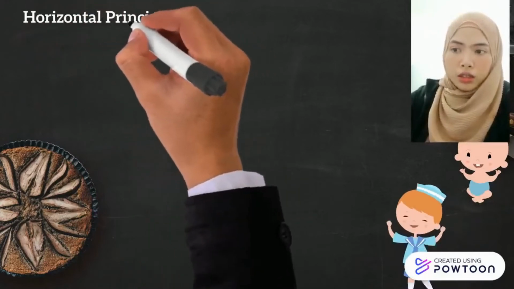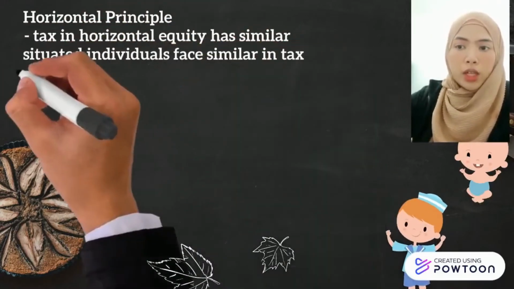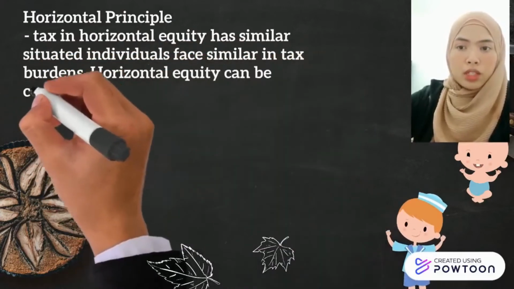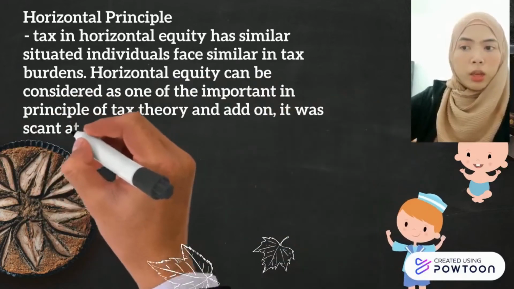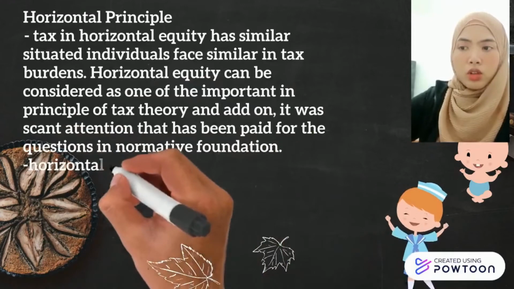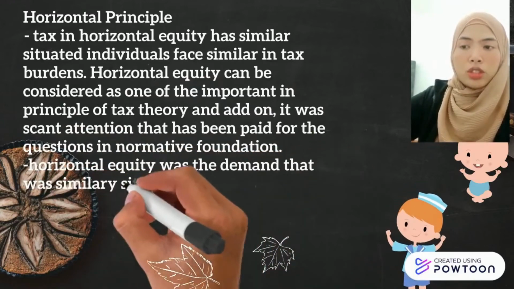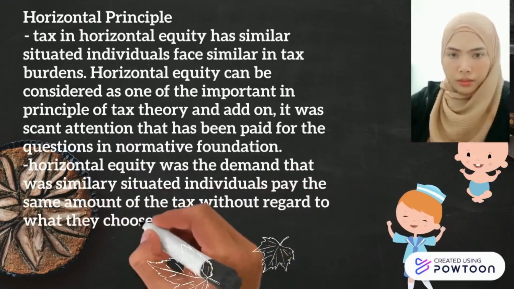In horizontal equity, individuals in similar situations face similar tax burdens. Horizontal equity can be considered one of the important principles of tax theory, and attention has been paid to the question of its normative foundation.